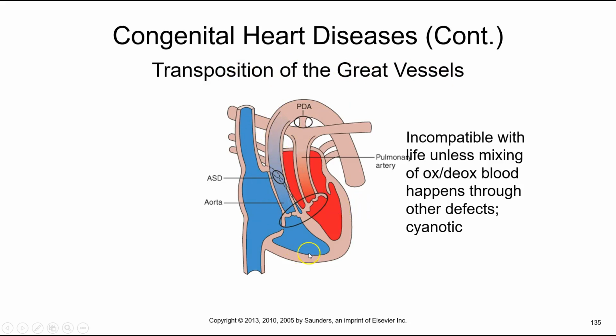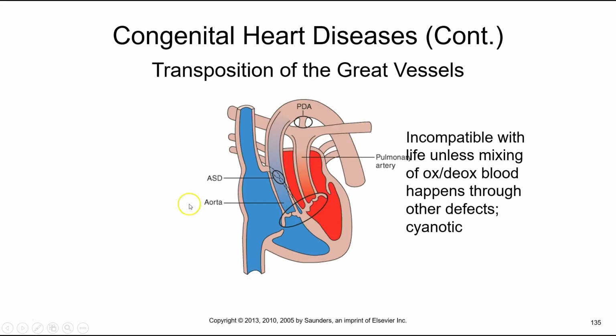So now the right side of your heart leads to your body, and the left side of your heart leads to your lungs. Now, the right side of your heart is still receiving from your body, but it's going directly back to the body. The left side of your heart is still receiving from your lungs, but it's going to your lungs.